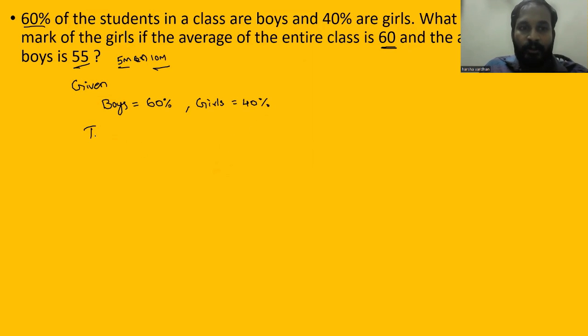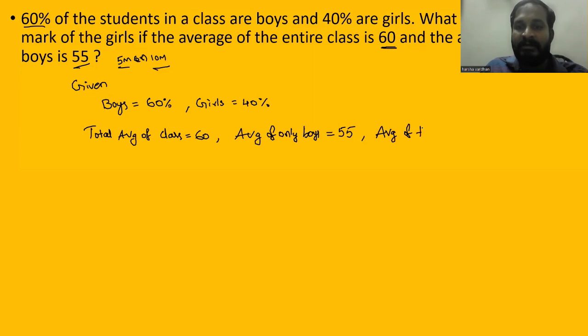Next, the total average of the class is 60. Next, the average of only boys is 55. And we need to find the average of the girls, total girls. Average of total boys, average of total girls.